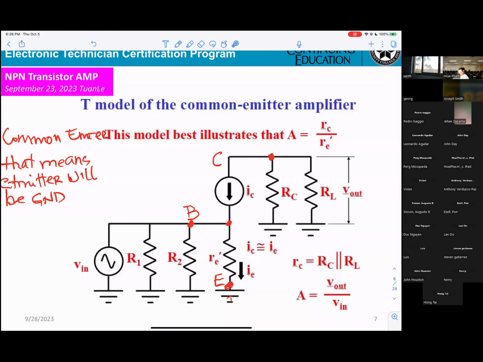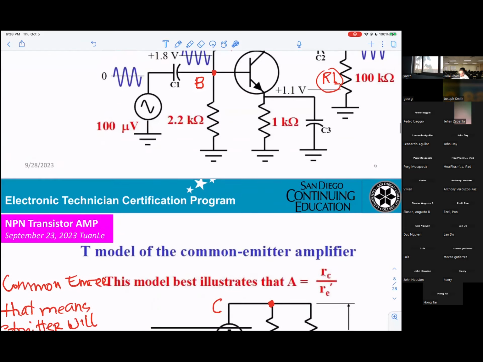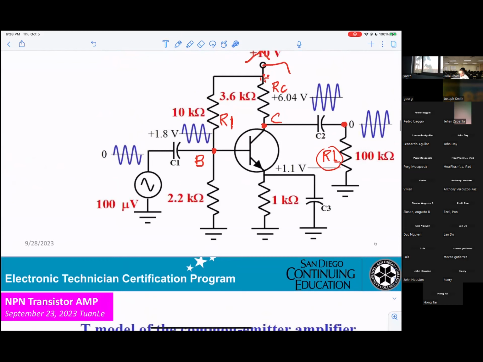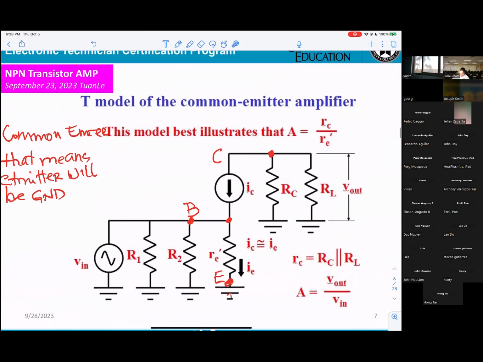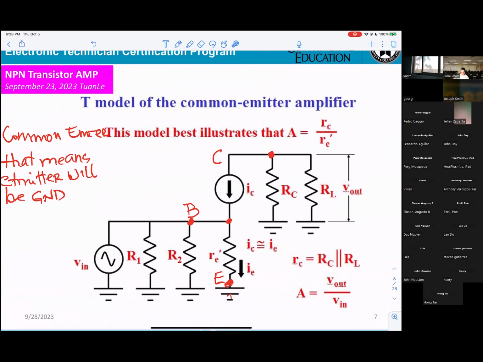Okay. What I try to do, I try to tell you from this circuitry, when you completely go to the amplifier, then now there will be this circuit. Okay. So when you deal with the amplifier, that means you have to deal with the input impedance. That means input resistance.